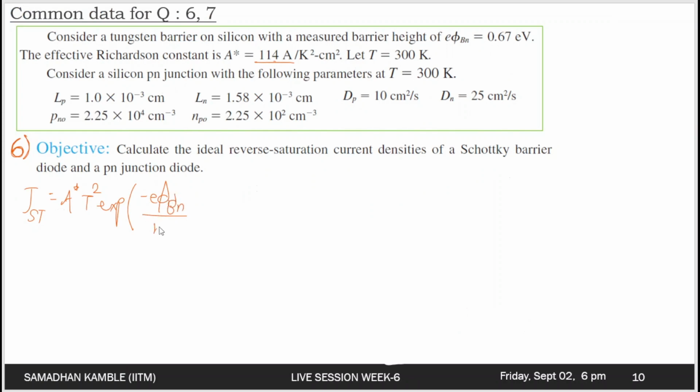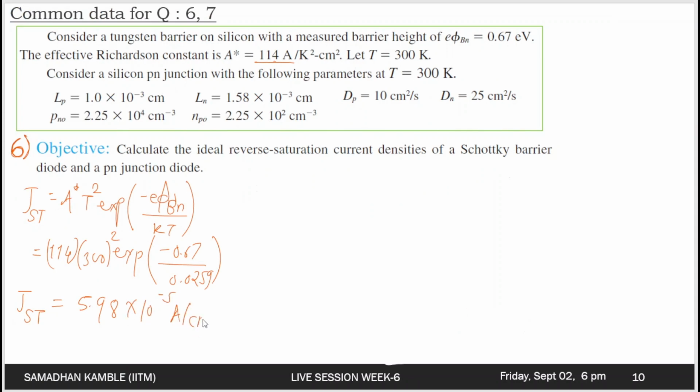If you substitute all those parameters like A star, temperature, the value of phi Bn given here, and kT, just substituting 114, that is A star, times 300 squared times exponential of minus 0.67 divided by 0.0259, we will get the reverse saturation current for the Schottky diode as 5.98 times 10 to the power minus 5 ampere per centimeter square.